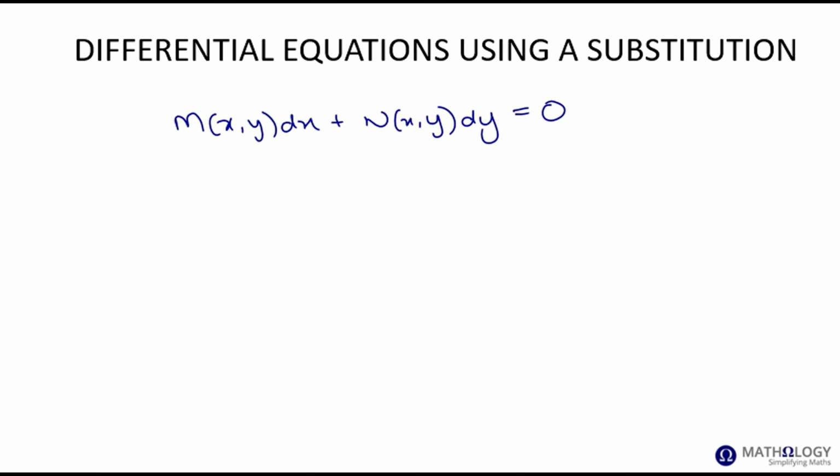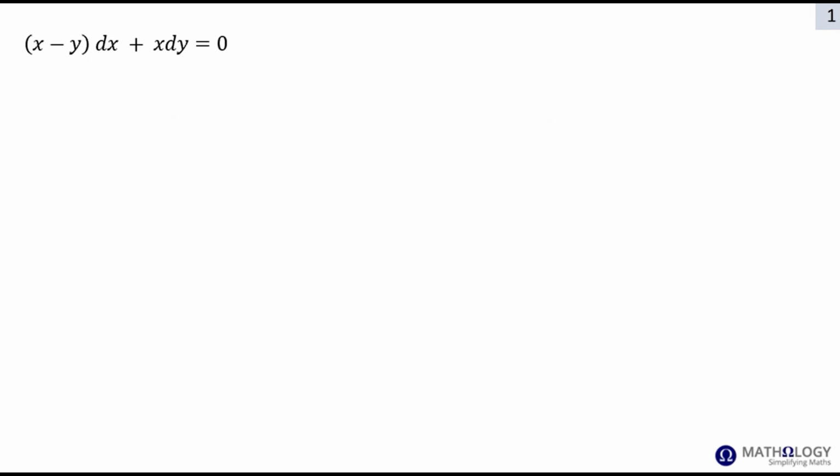As an example, we're looking at this differential equation here. x minus y is the coefficient M and x is the coefficient N. If we look at M and N, which are x minus y and x respectively, the degree of M is the first degree.